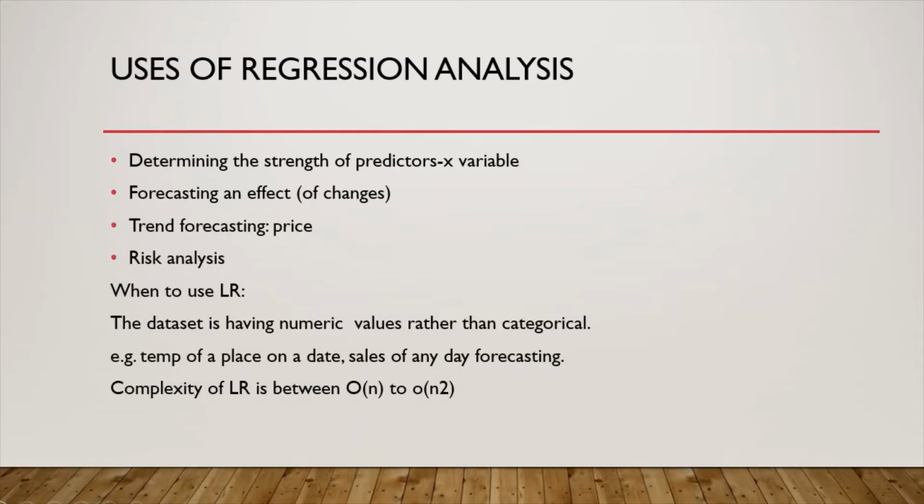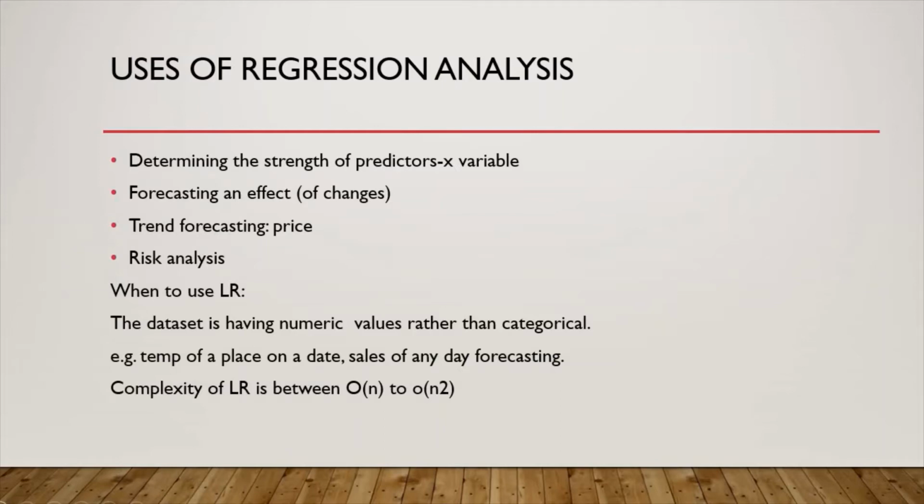And when can we use linear regression? The dataset plays an important role in deciding which machine learning technique we should use. Whenever we are finding data in a numerical continuous way, we can apply linear regression to check a particular variable's strength as compared to the class variable.